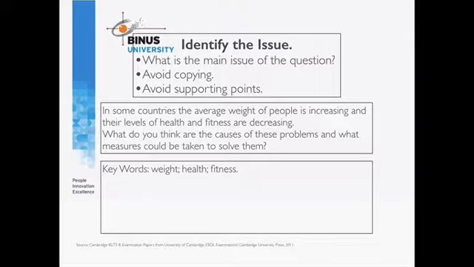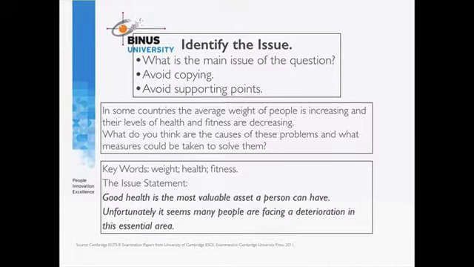Weight of people is increasing, health and fitness are decreasing. So really the issue is about the falling standards of health, and therefore you'd write a sentence that describes the issue, something like this. Good health is the most valuable asset a person can have. Unfortunately, it seems many people are facing a deterioration in this essential area. So this basically states the issue in different language.